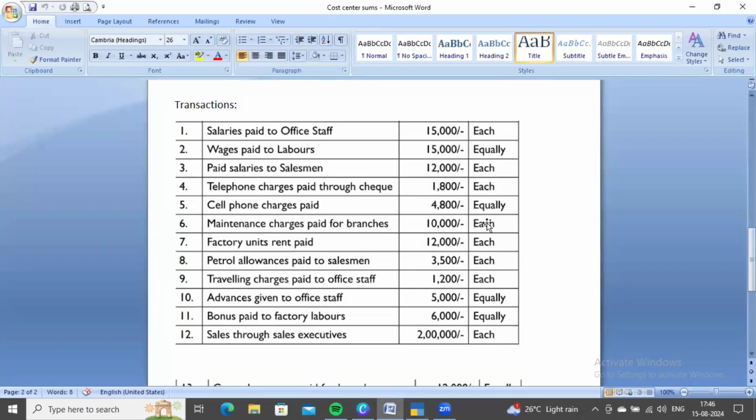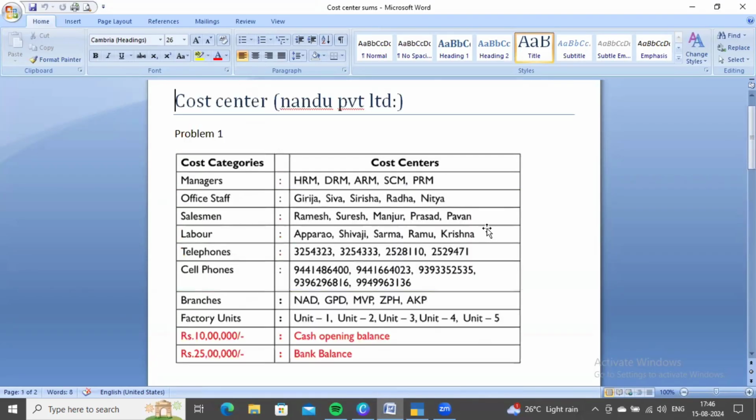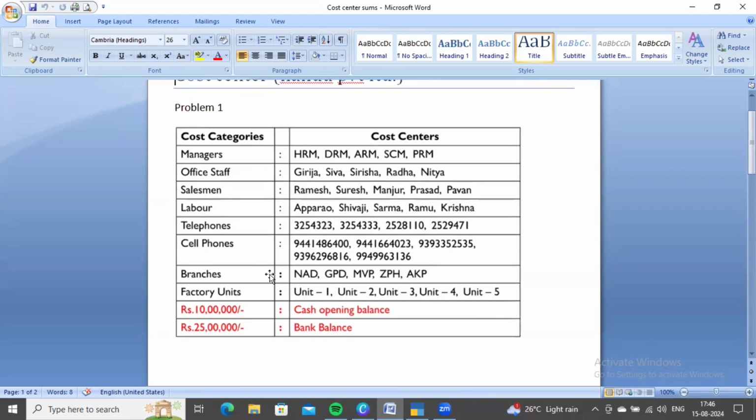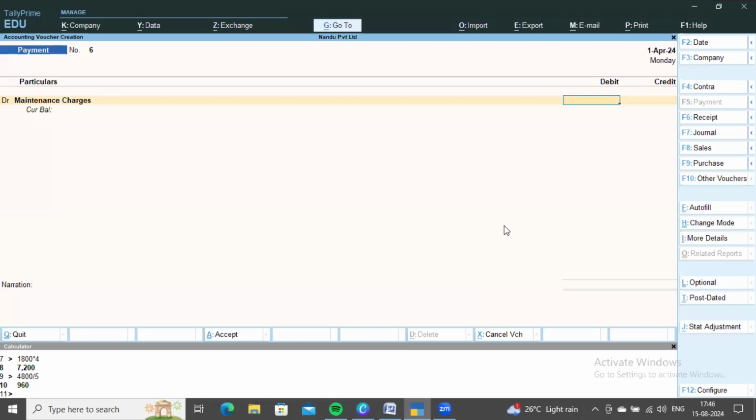How much? 10,000 each. So how many cost centers come under cost categories? 5. 5 cost centers come under branch category. So here 10,000 each means total 50,000, right?